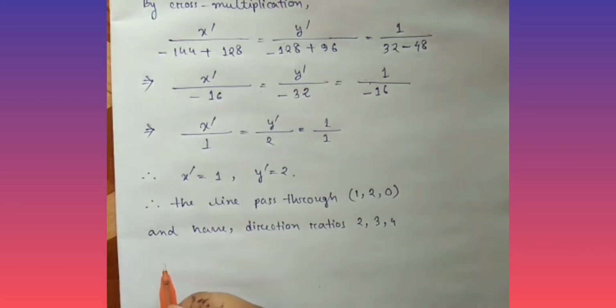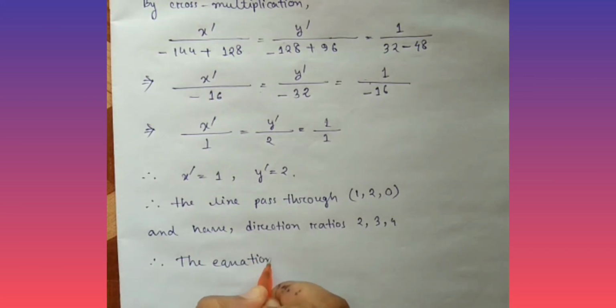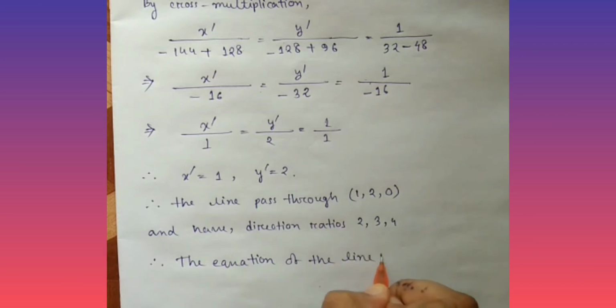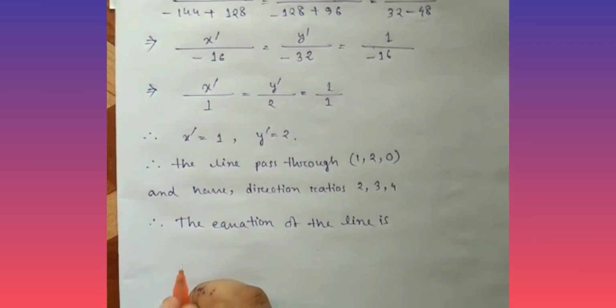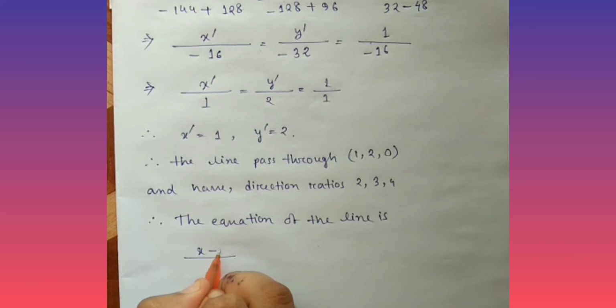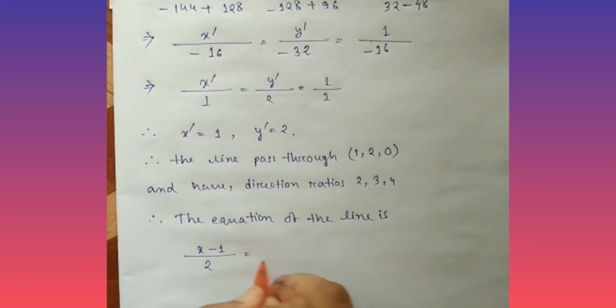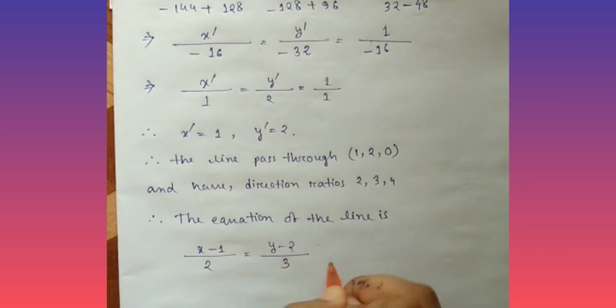So the equation of the line becomes x minus 1 by 2 equals y minus 2 by 3 equals z by 4.